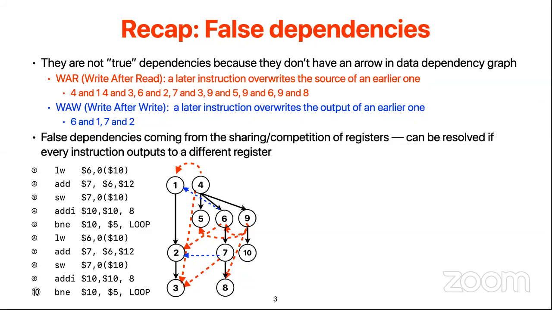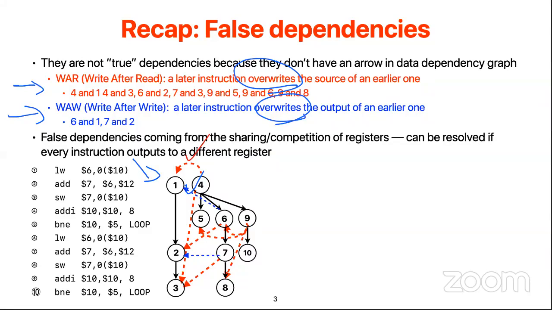So in addition to the true dependencies, the black arrows in this data flow graph, we also have those red and blue arrows, meaning dependencies that are false, in the sense that we cannot reorder these instructions because we may overwrite a result that will be used by another instruction. That all restricts our capability to execute an instruction whenever it's ready.